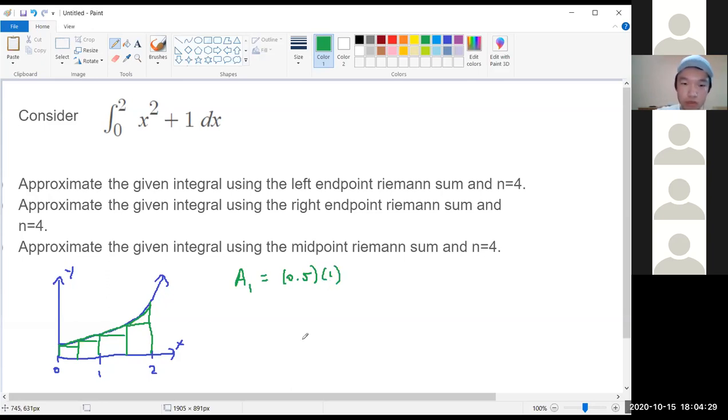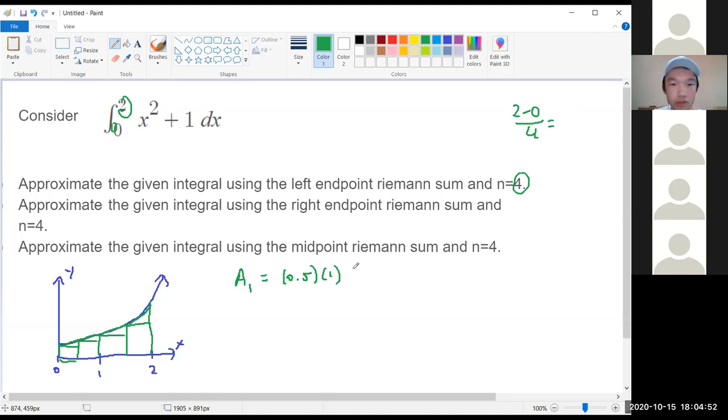We know this distance is 0.5 because it's going from 0 to 2, and we're using 4 rectangles. So we did 2 minus 0 divided by 4. That gives you the width, which is where the 0.5 comes from.